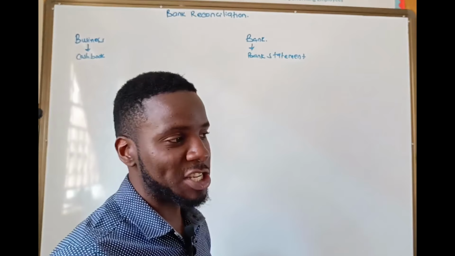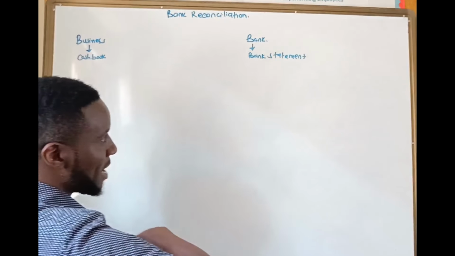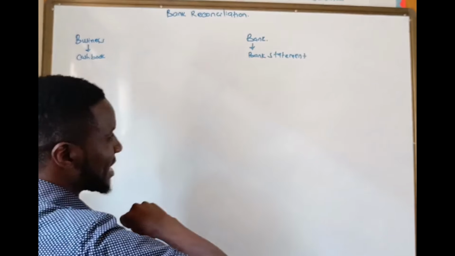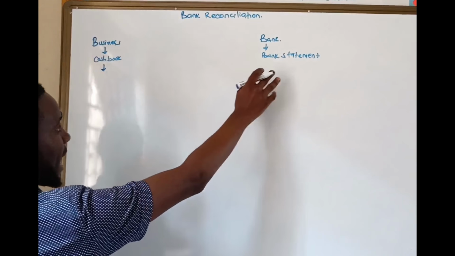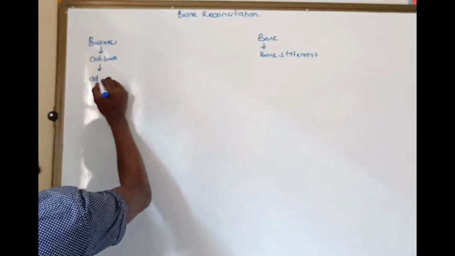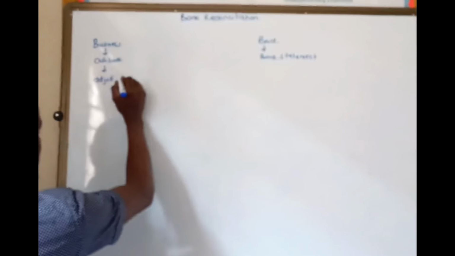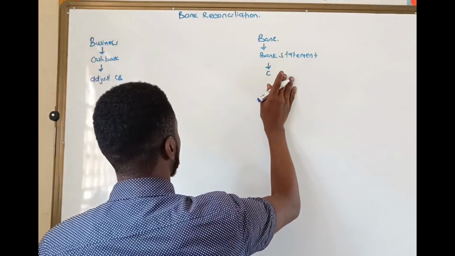Now we have prepared our cash book and we have prepared our bank statement. So at the end of the day, when the balances are not the same, then it means using the bank statement as a benchmark, we are going to adjust the cash book, and also the bank statement, we have an adjustment. You see?